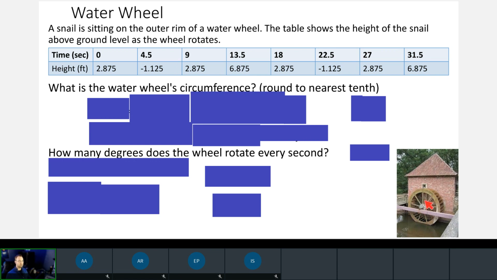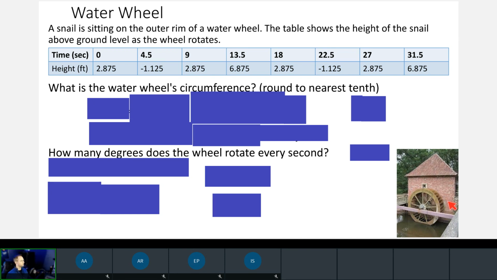If you were to graph this, was it a sine wave we're talking about? I think on the next page we'll describe what it is. Okay, we'll say sine wave. When you graph the sine wave, the amplitude represents the radius. Very, very good observation.